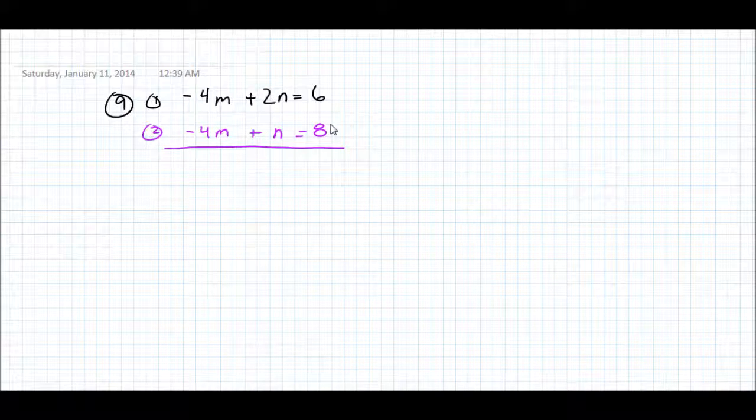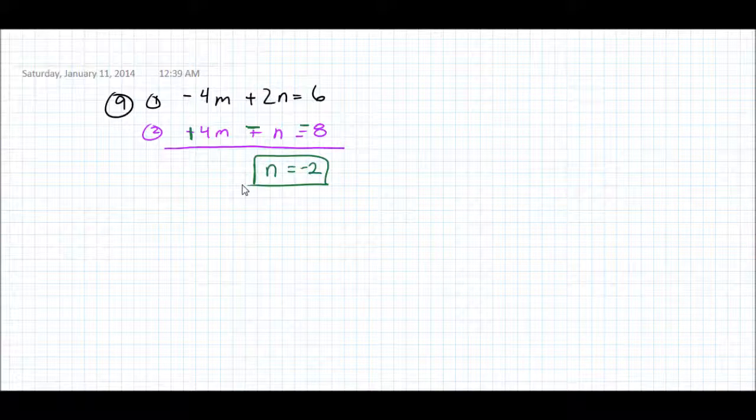Okay, we can't just add these the way they are, we've got to flip some signs. So we're going to make that a positive, that n a negative, and that 8 a negative. So when we add them together, negative 4m plus 4m equals 0. 2n minus n is n. And 6 minus 8 is negative 2. So n is negative 2.